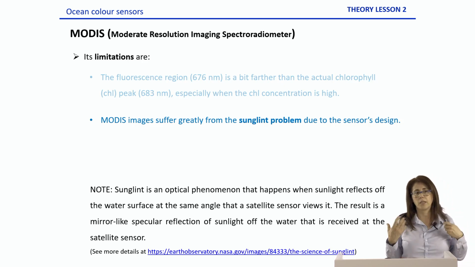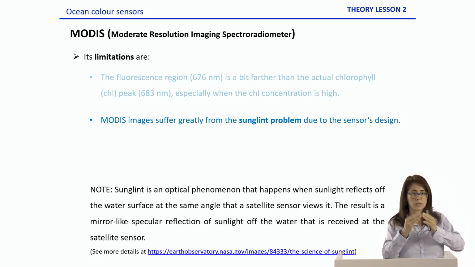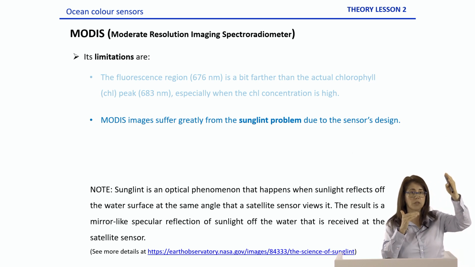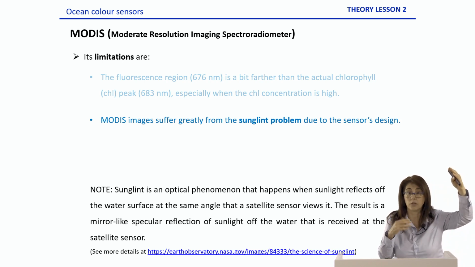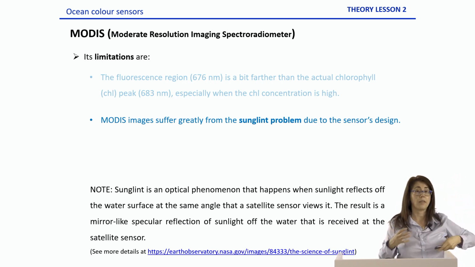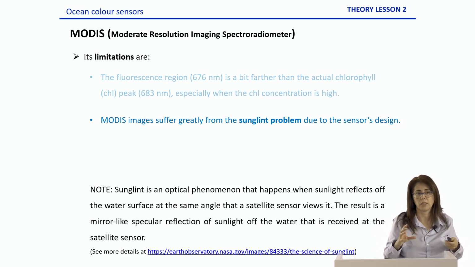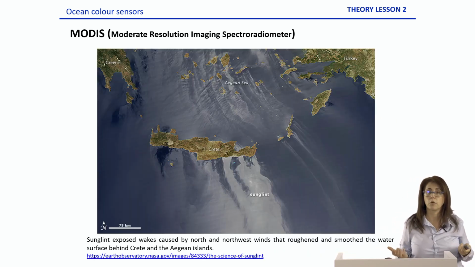Let's remember that the sunglint is this reflection at the sea surface, that is, the sunlight is reflected at the sea surface and is directed into the direction of the sensor, and the sensor gets blinded by this light. Okay? So MODIS, unfortunately, suffers from sunglint.